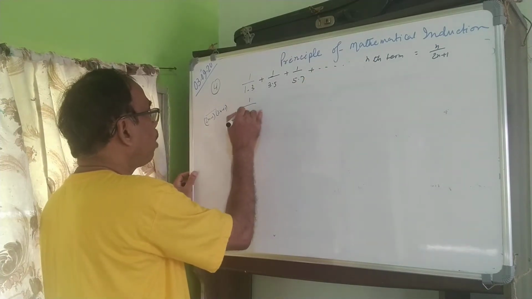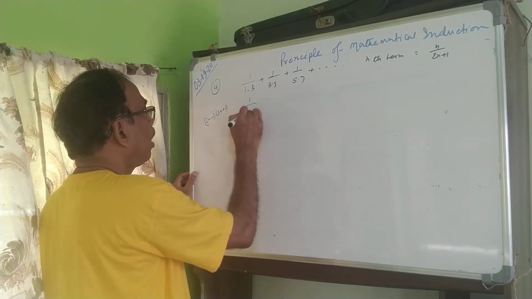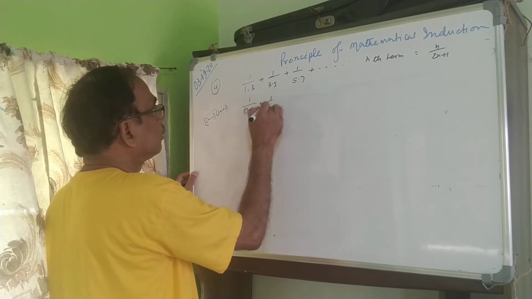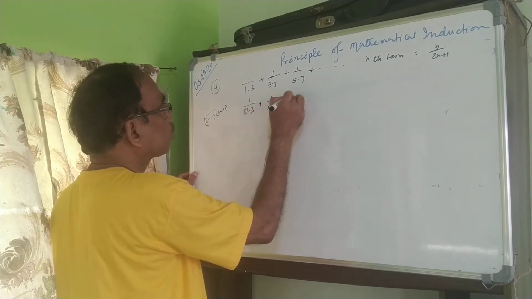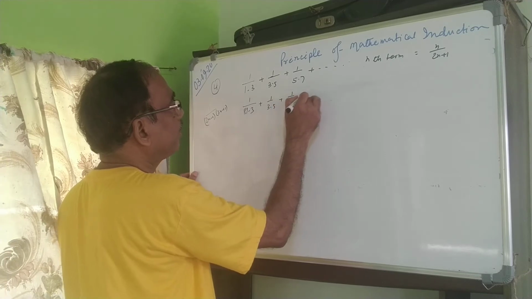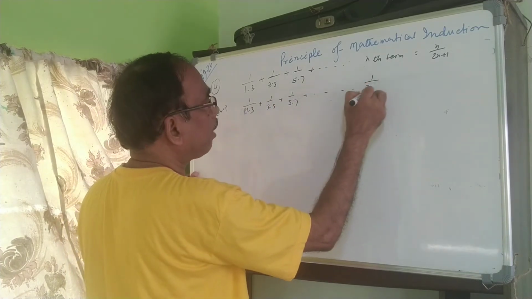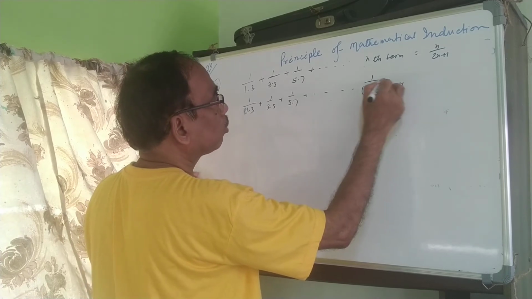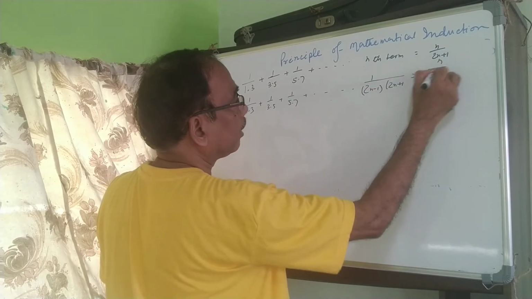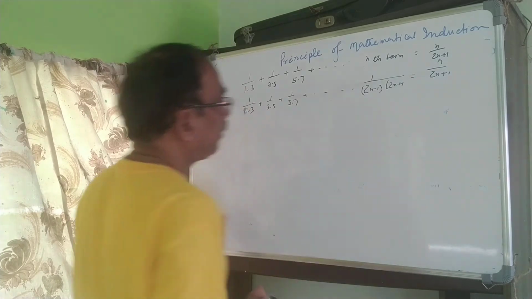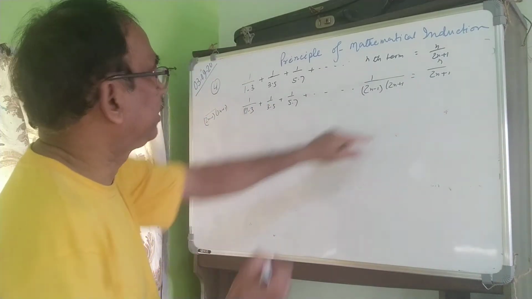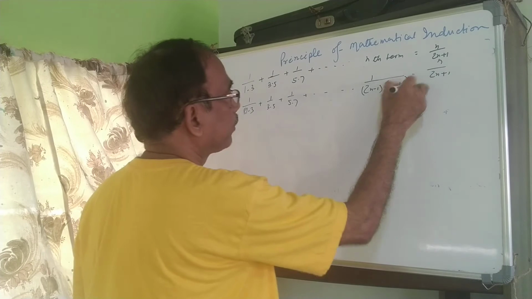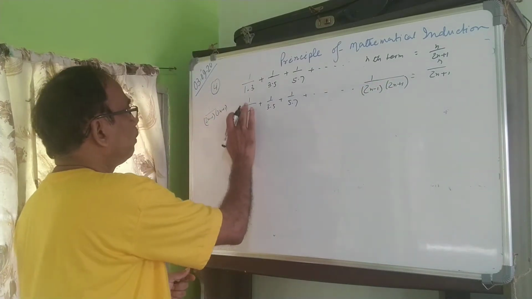That is, we can write 1 by 1 into 3 plus 1 by 3 into 5 plus 1 by 5 into 7. The nth term will be 1 by (2n minus 1)(2n plus 1). This is the nth term. If the nth term is not given, you have to get it using this formula, first term, second term.